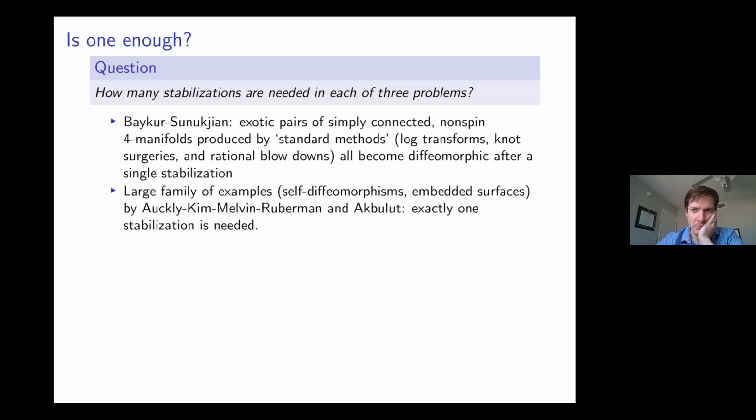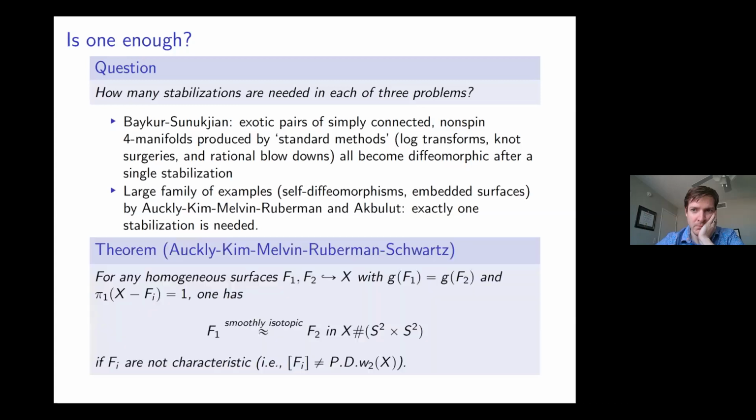The next family of examples was given by Auckly, Kim, Melvin, and Ruberman, and in their examples exactly one stabilization is needed to make the self-diffeomorphisms and embedded surfaces smoothly isotopic. Another remarkable progress on this question is the following theorem by Auckly, Kim, Melvin, Ruberman, and Schwartz.